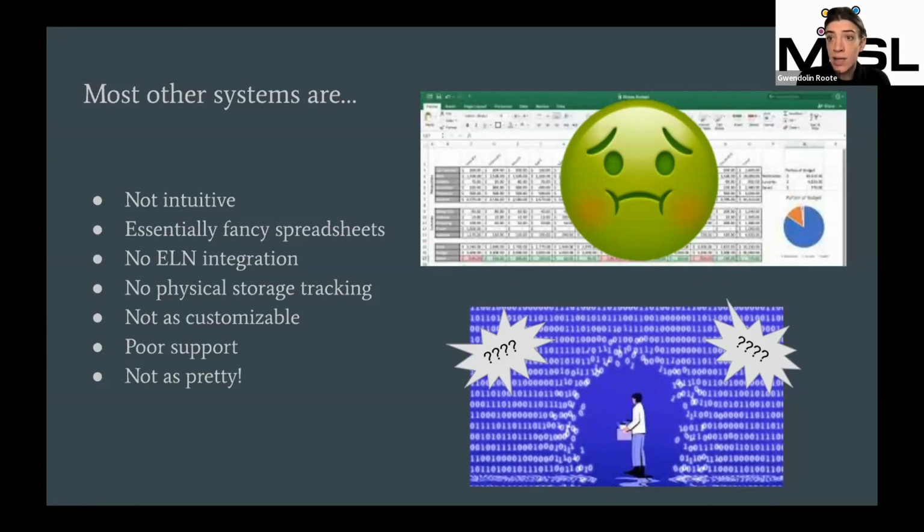Customizability was really important to us because there's a lot of non-standard things that happen in our lab, and we needed to have some flexibility there. And then, the ones that maybe did meet some of these criteria didn't have the best support. We would have teams across the country, across the world, not as responsive.